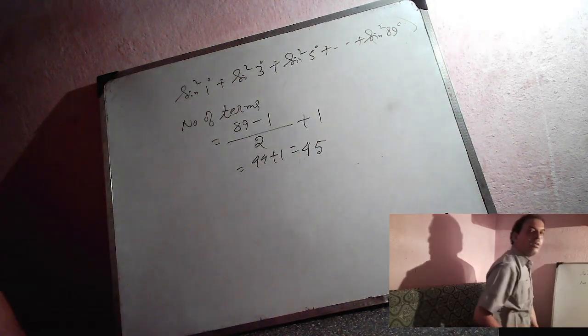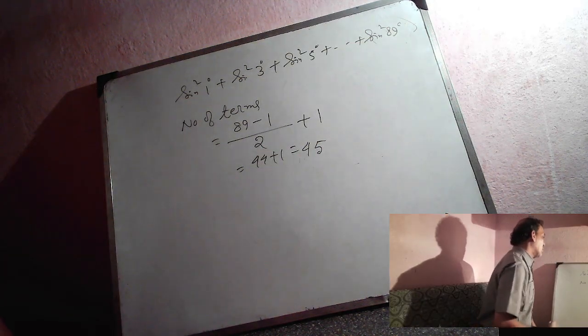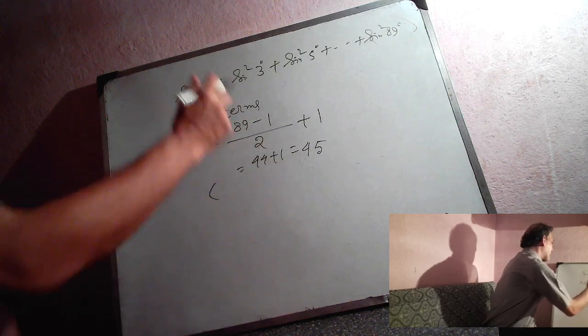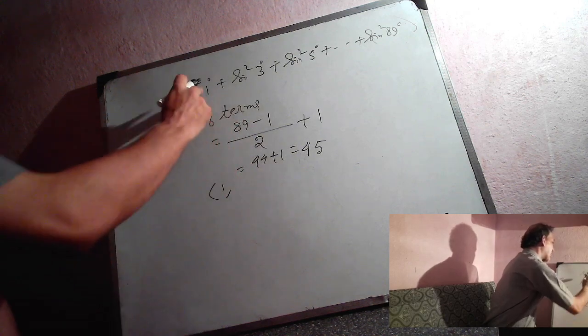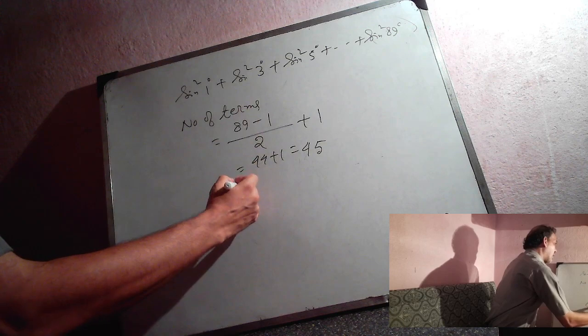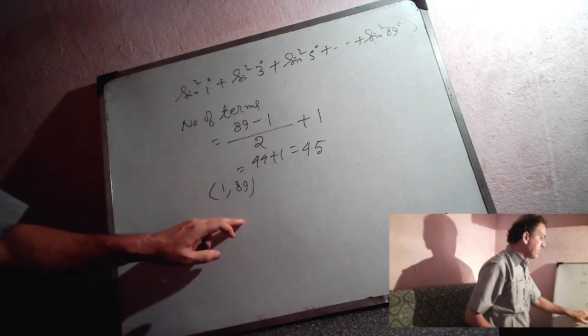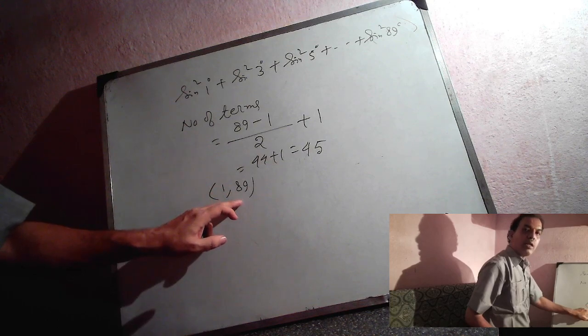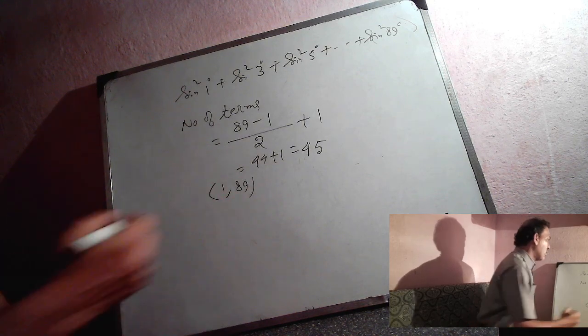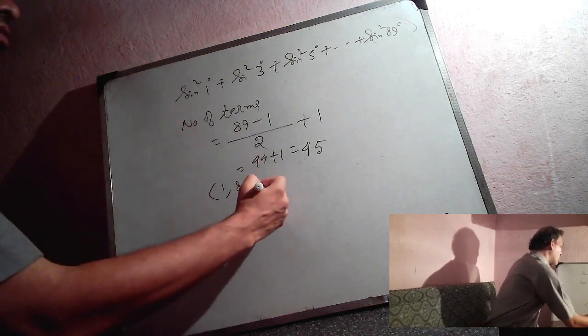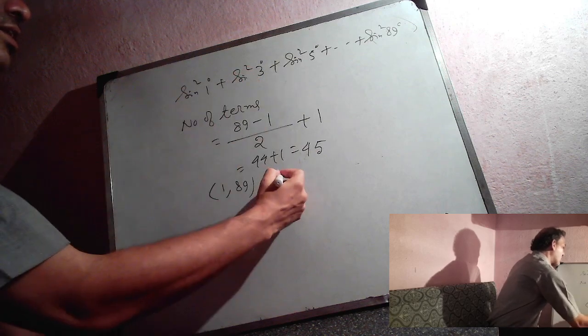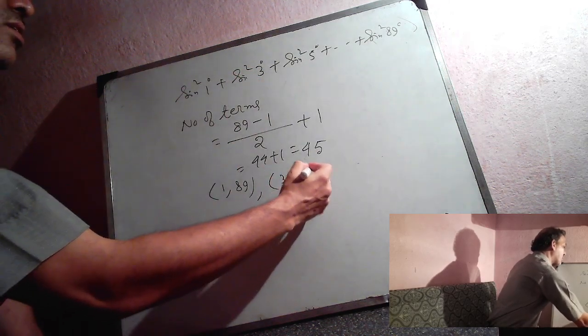So there are 45 terms. Now make brackets taking 1 and 89. Why? 1 plus 89, 90 degrees, so sin square 1 plus sin square 89 will be 1 by our rule. Then 3 with 87, and so on.